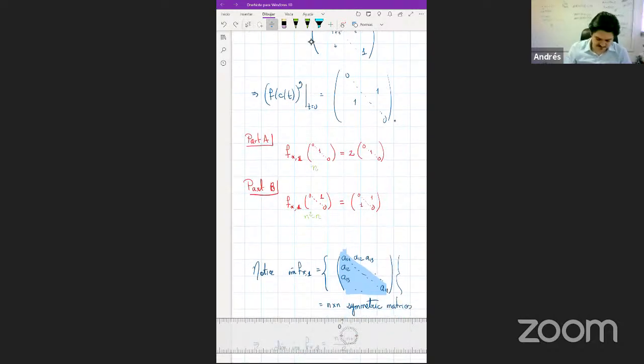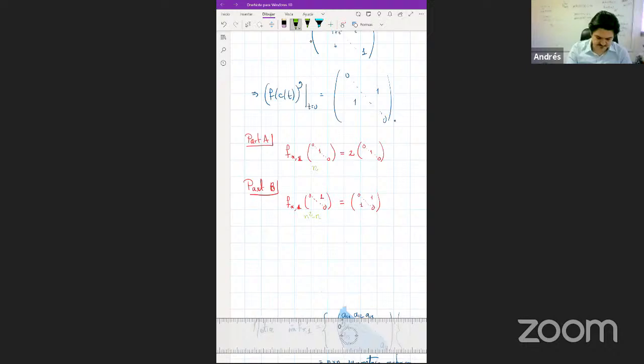So over the reals, these are real linear spaces, the span of all of these matrices.